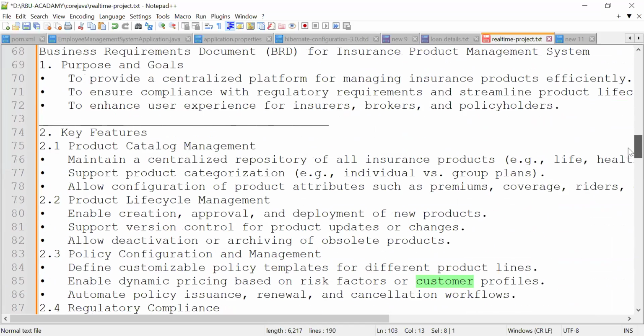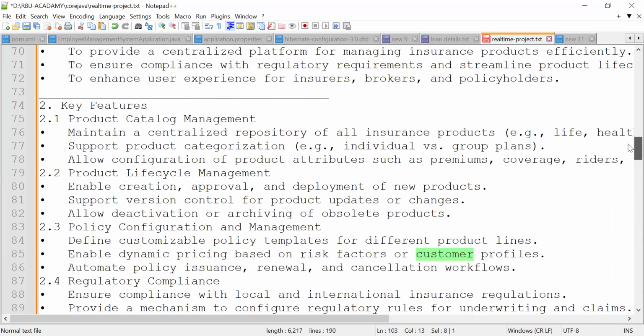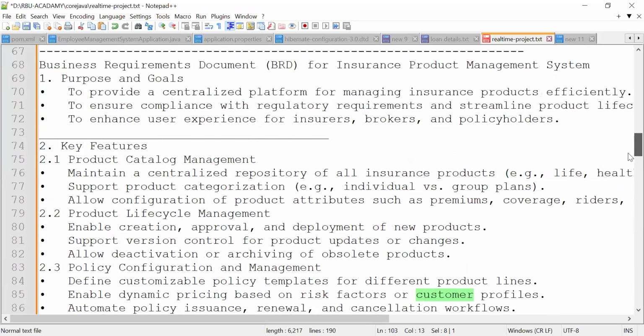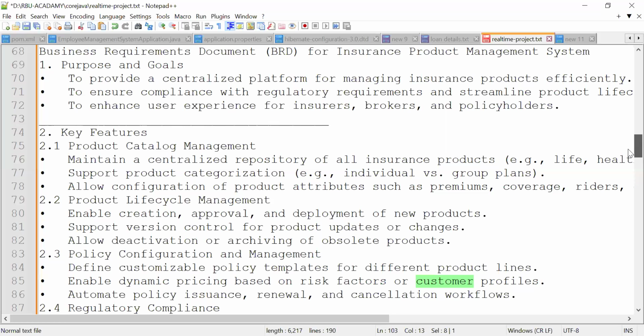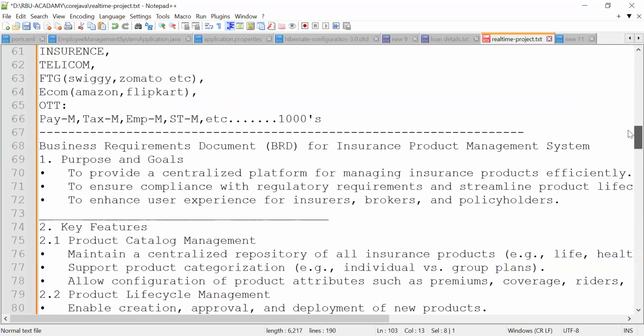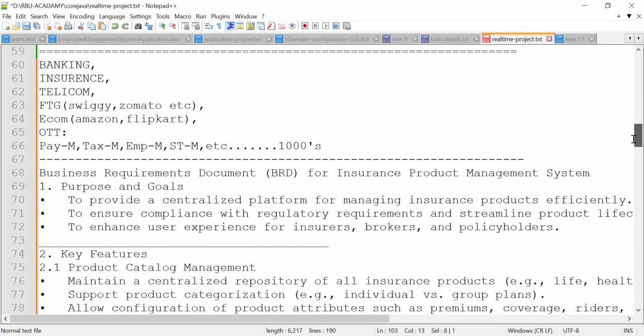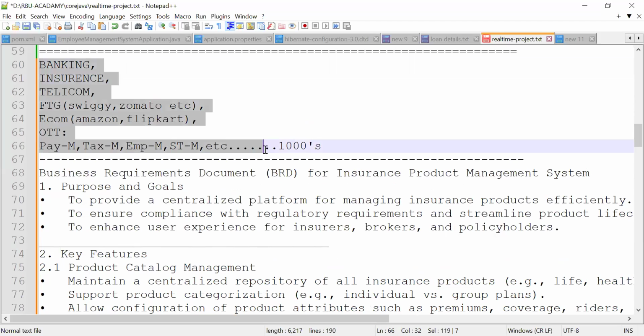So this is how we should first draw all the requirements, before starting the development. I just don't want to go into the implementation part first, rather than the analysis. So let's see whichever we are more interested in, we'll pick that up and start the implementation.